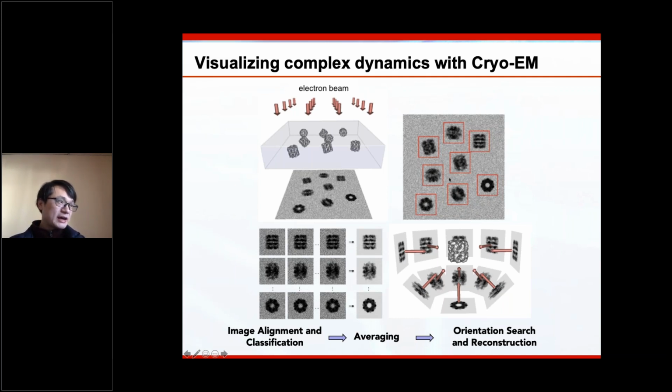Of course, you can extract all the images of randomly oriented macromolecular particles, use a computational approach to sort them into different orientations, and then potentially reconstruct the structure. And if you have a more powerful algorithm that can analyze the conformational change, theoretically you can also solve the complex dynamics.